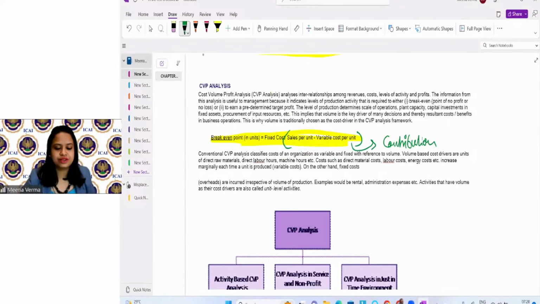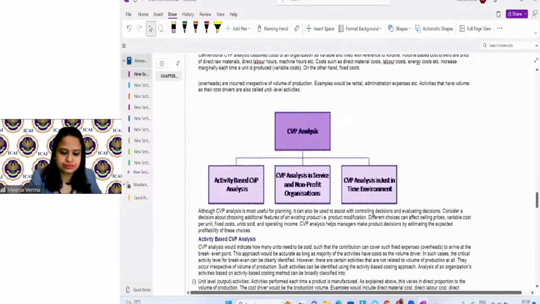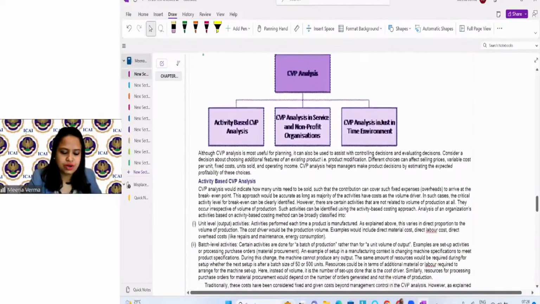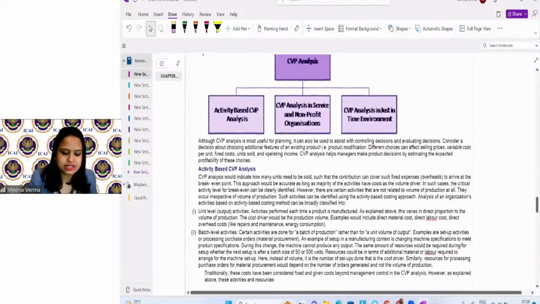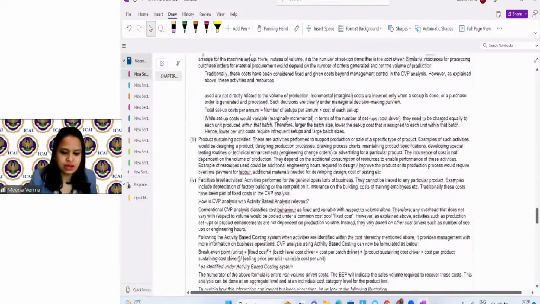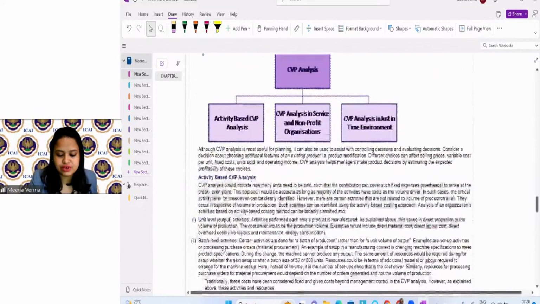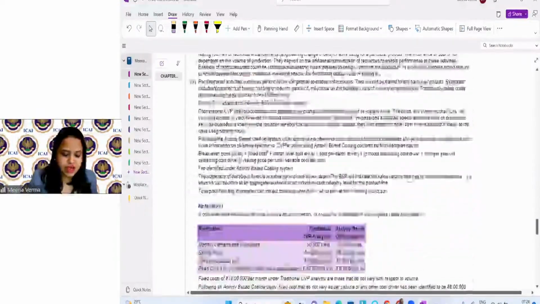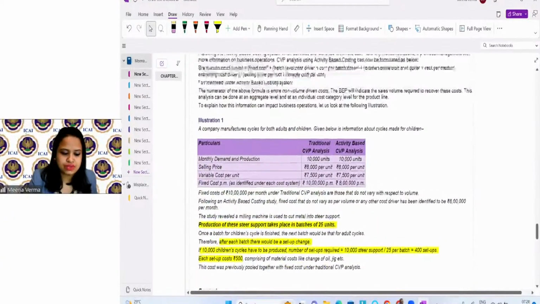So fixed cost divided by contribution per unit, we will use for decision making. You can see they are using this CVP analysis in case of activity-based costing, non-service sector and non-profit organization, and in just-in-time system also. We have questions on this topic.